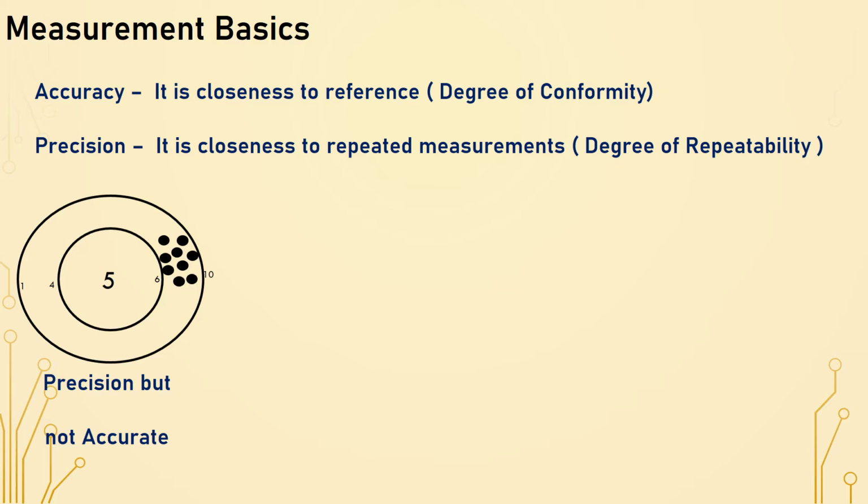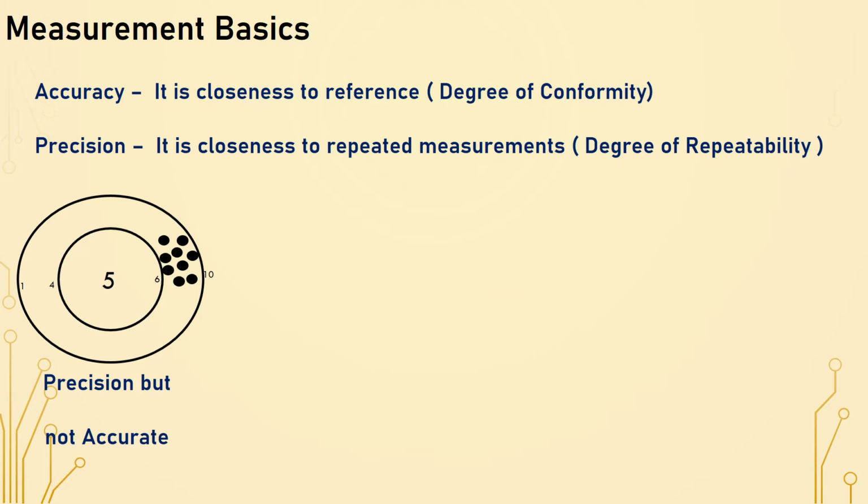Imagine the true value is 5, the actual standard value is 5, and the scale runs from 1 to 10, you can imagine it's mm. If you are measuring multiple times, these black spots are the measurement values observed during measurement, plotted in the graph. All the readings are lying between 7 to 9.